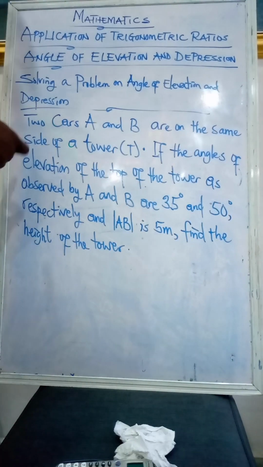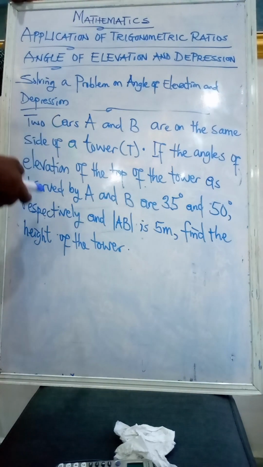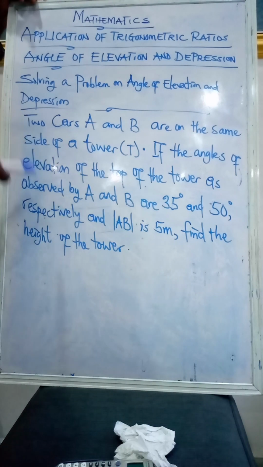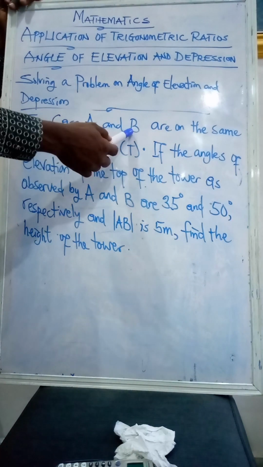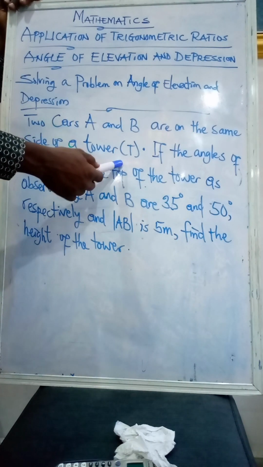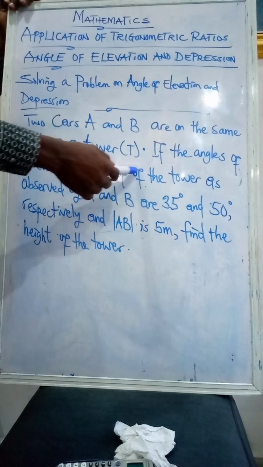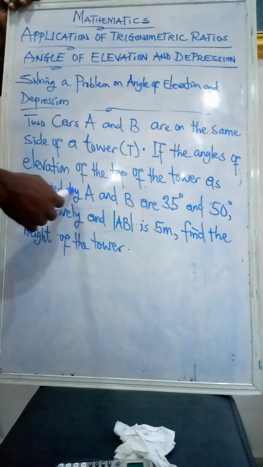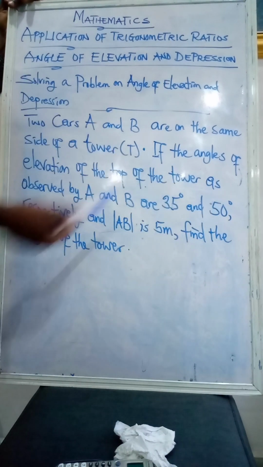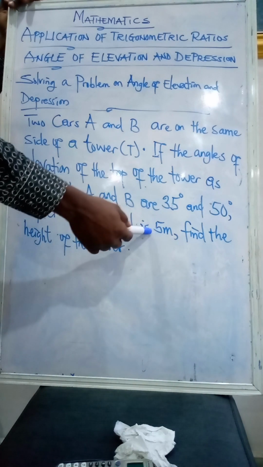Okay. So let's look at an example on how to solve angle of elevation and depression. It says two cars A and B are on the same side of a tower T. If the angles of elevation of the top of the tower as observed by A and B are 35 degrees and 50 degrees respectively, and line AB is 5 meters.